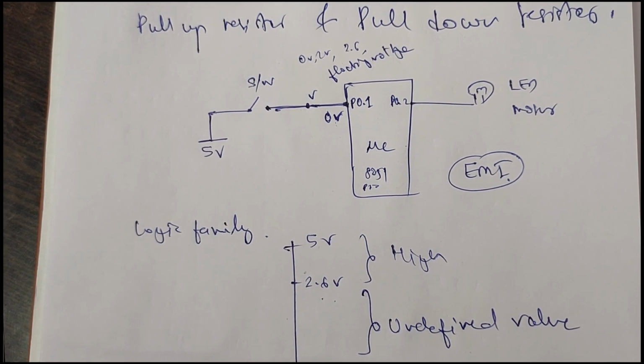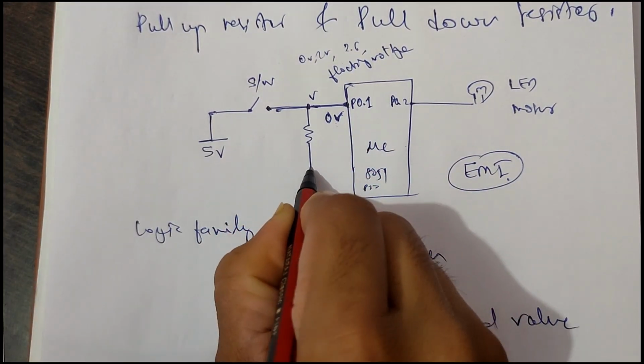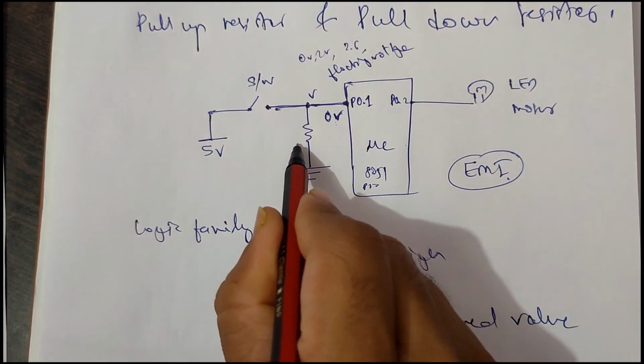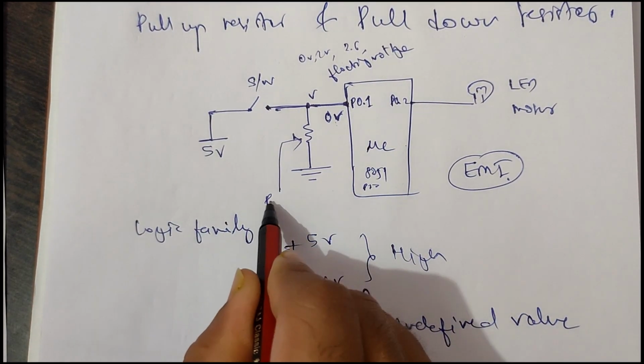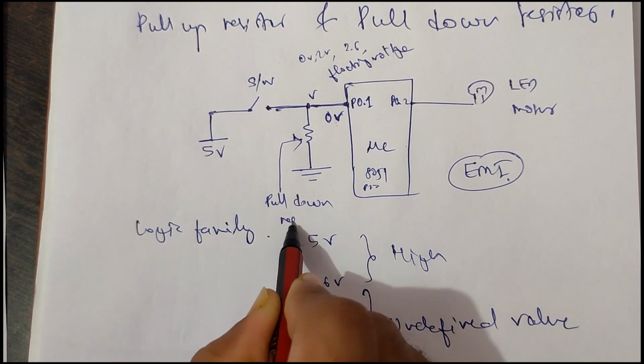So to solve this problem, we connect one resistor here and connect the resistor to ground. Okay, this resistor is called a pull-down resistor.